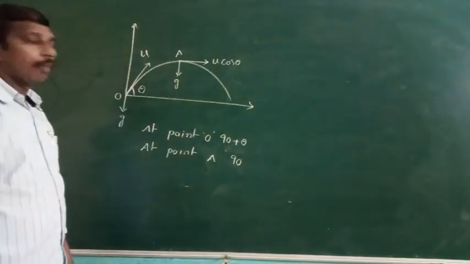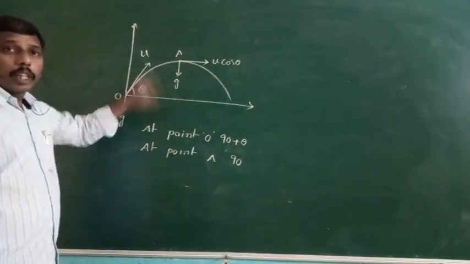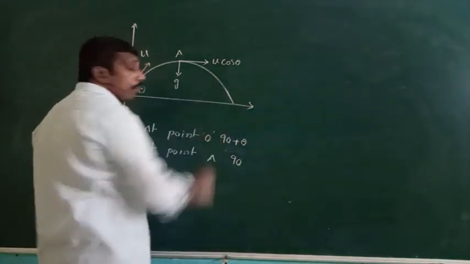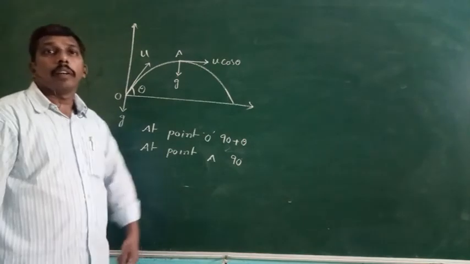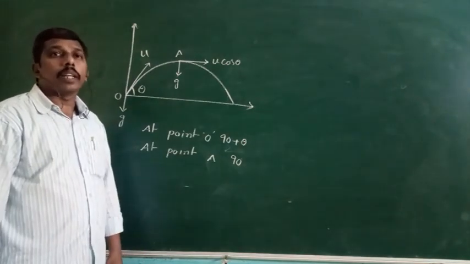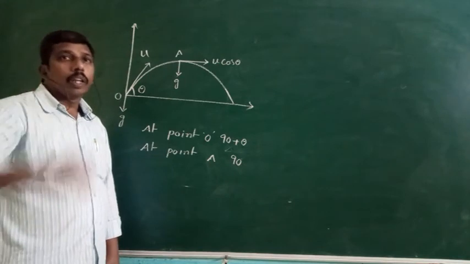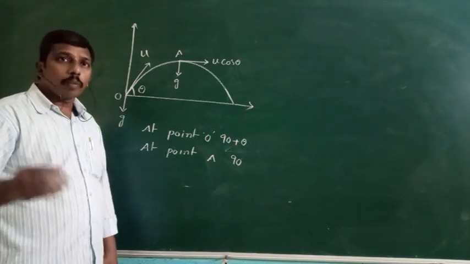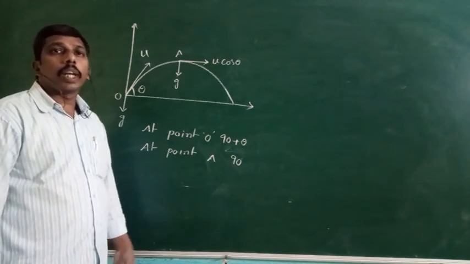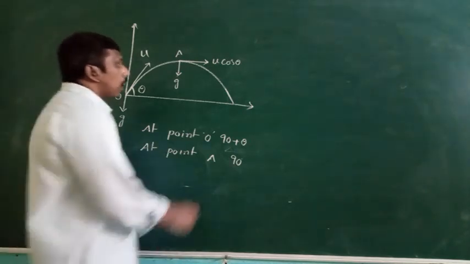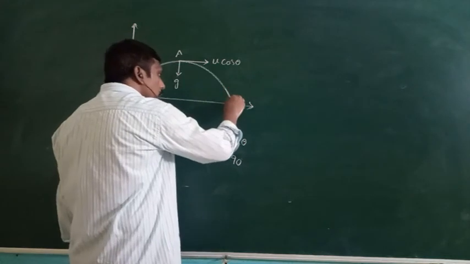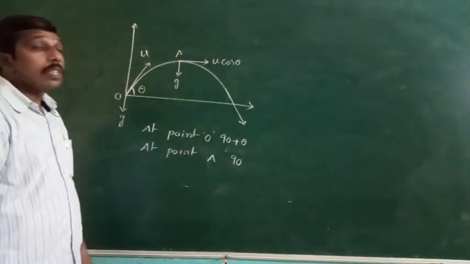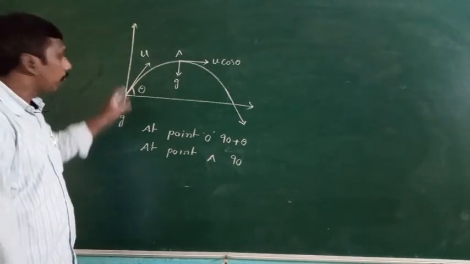And similarly, with whatever angle it is projected, it reaches the horizontal plane with the same velocity and same angle if you neglect air resistance. Already I told you about one-dimensional motion; in one-dimensional or two-dimensional motion, we are neglecting air resistance. That's why this body reaches the same horizontal plane with the same velocity with which we projected.